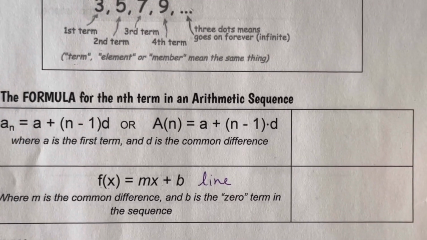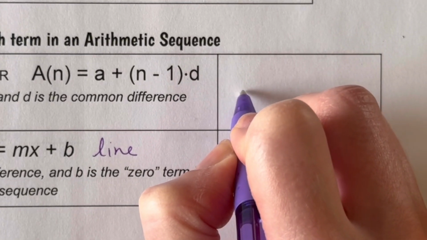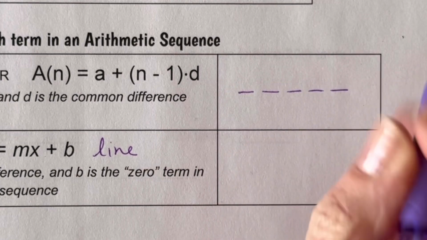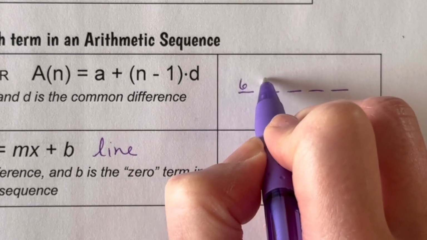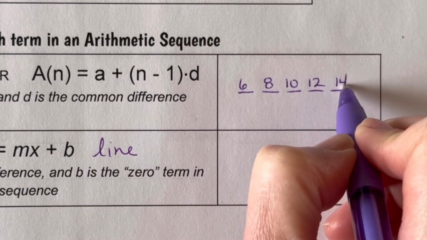Let's do kind of an easy example here. Let's say I have a sequence and there are 5 terms to it. And let's say my sequence is something easy like 6, 8, 10, 12, and 14.